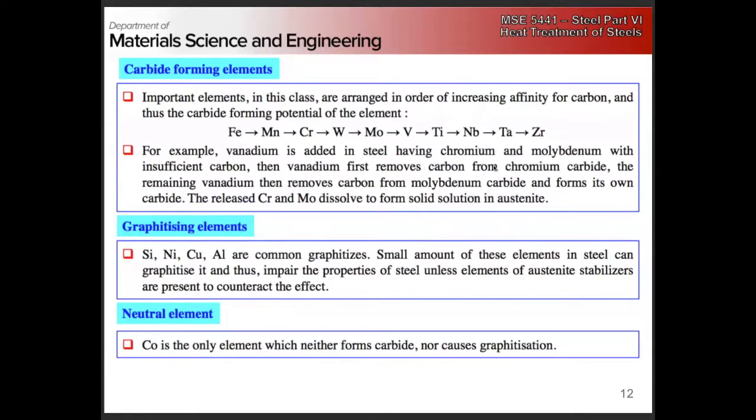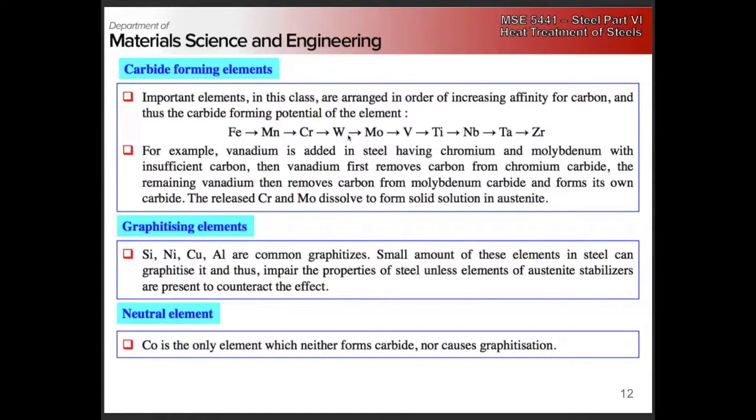So if we add vanadium to a steel that has both chromium and molybdenum with insufficient carbon, the vanadium is going to remove carbon from the chromium carbide, right? And then reduce the molybdenum. Is it reduce? I've got to think about which way my electrochemistry goes.